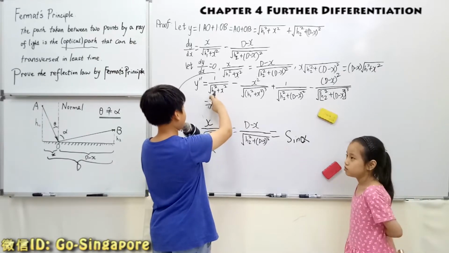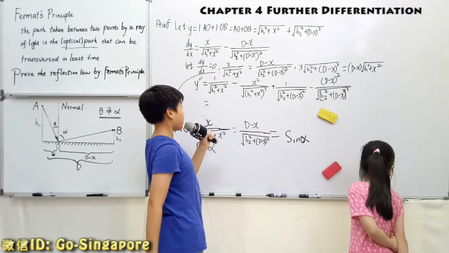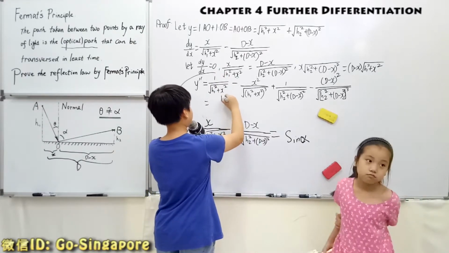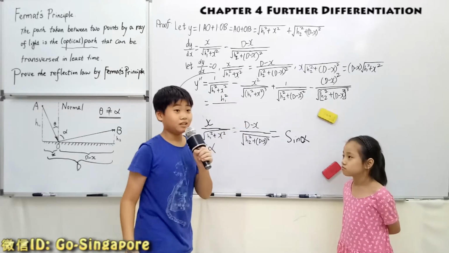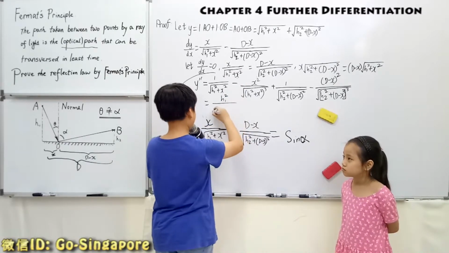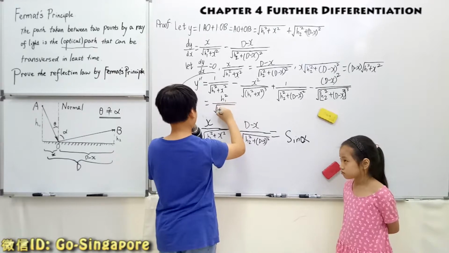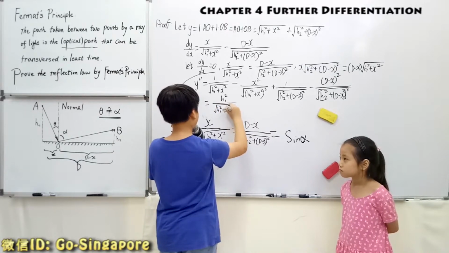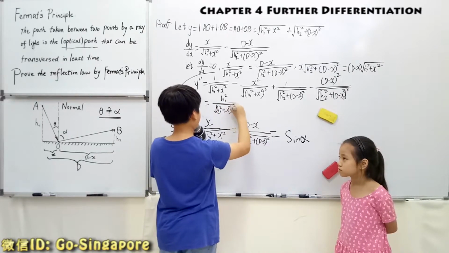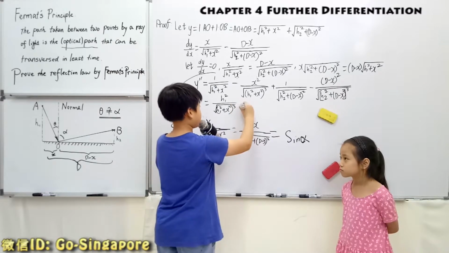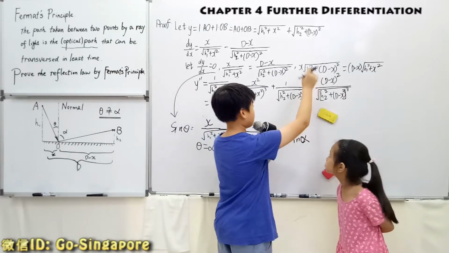That means you times the h1 square plus x square, which is actually a h1 square, because you put these 2 together. Then here's the cube, then your plus. Okay, you put these 2 together.